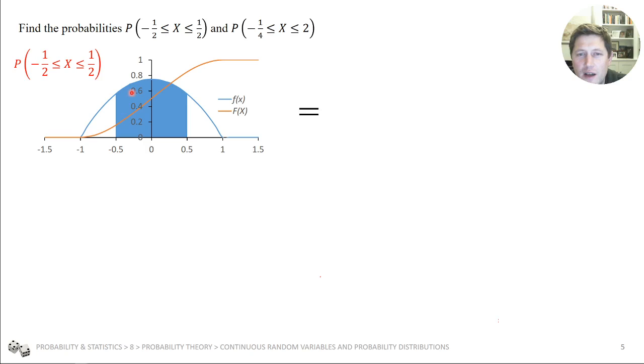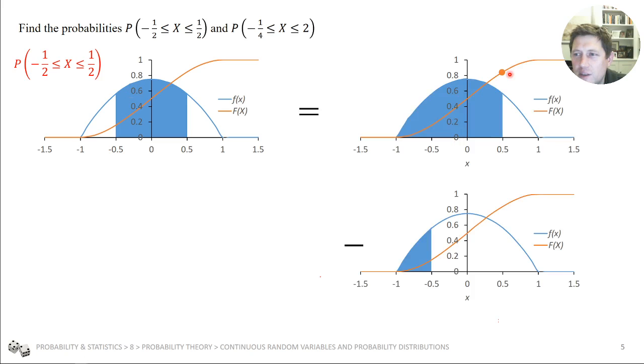And so we know that's going to be equal to this shaded area, take away this shaded area. And these two shaded areas we can calculate from the cumulative distribution function. The shaded area here is equal to the cumulative distribution function at 0.5, and the shaded area here is equal to the cumulative distribution function at x is minus 0.5.